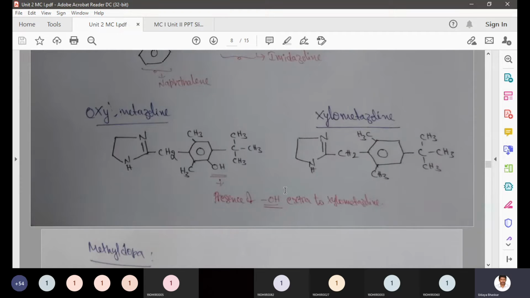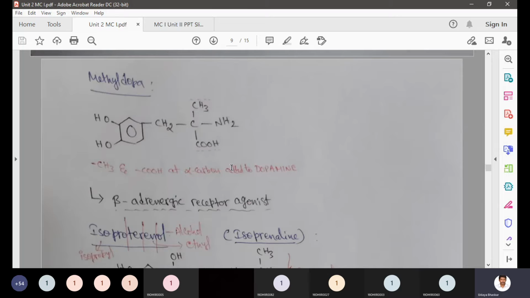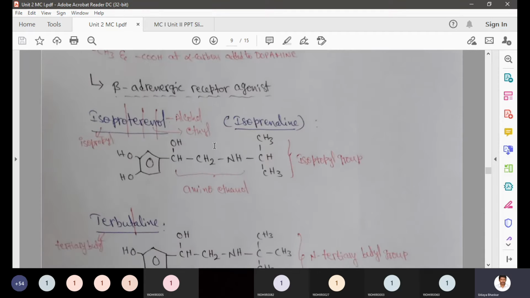If it is added with an extra OH here, that is oxymetazoline. Methyldopa: to dopamine you have one CH3 and one COOH extra, so methyldopa. And beta adrenergic receptor agonist isoproterenol: this is aminoethanol, and you have an isopropyl group, and the remainder is comparable with the basic structure.